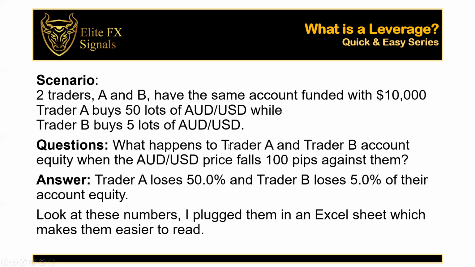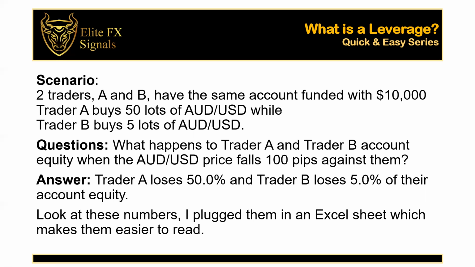Trader A, using leverage, buys 50 lots of the Aussie dollar, while trader B only buys 5 lots of the same currency. So here's the question. What happens to trader A and trader B account equity when the Aussie dollar falls and they lose 100 pips in that trade, when they are 100 pips in the red?